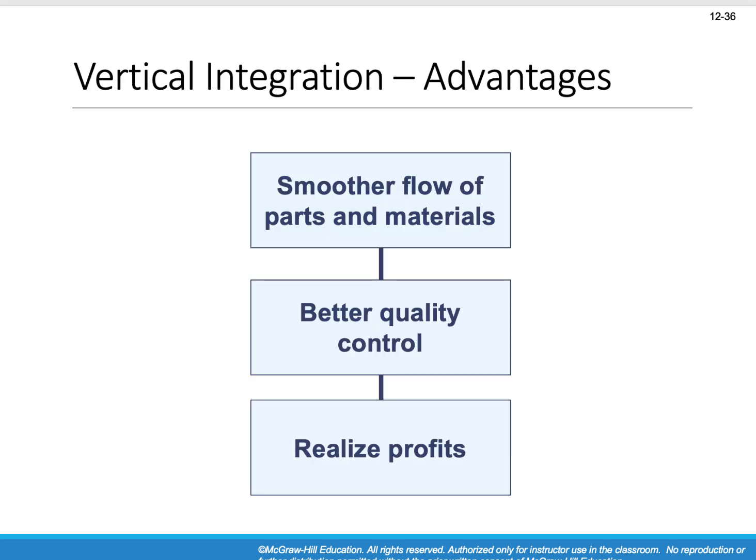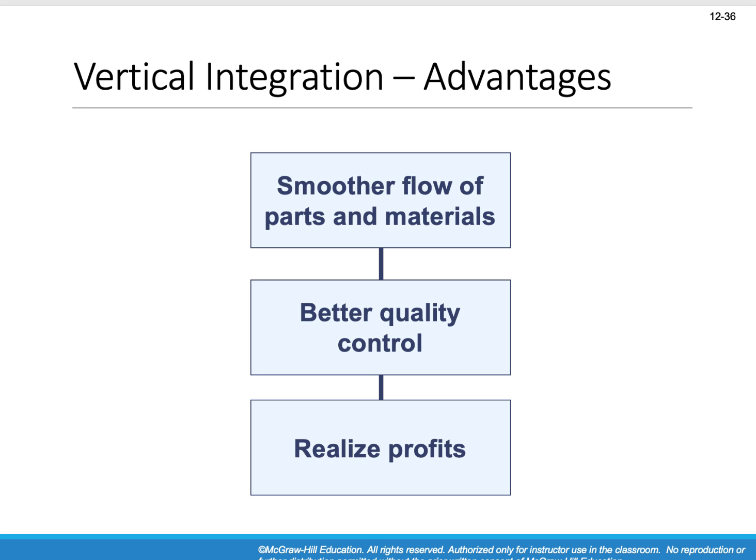So what are the advantages of this vertical integration? Well, think about it. Instead of buying a supply or a component part from somebody else, we make it internally, and we're able as the company to maintain control, specifically quality control. We can make sure that we have enough processors or component parts or raw materials, whatever we need to make that computer.